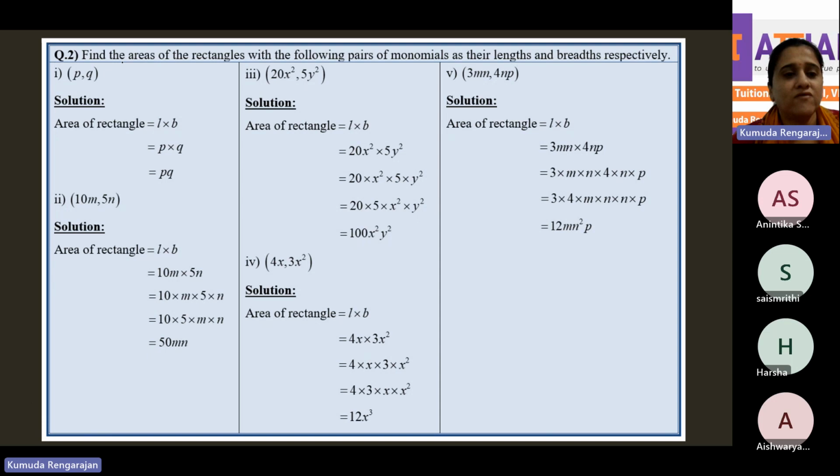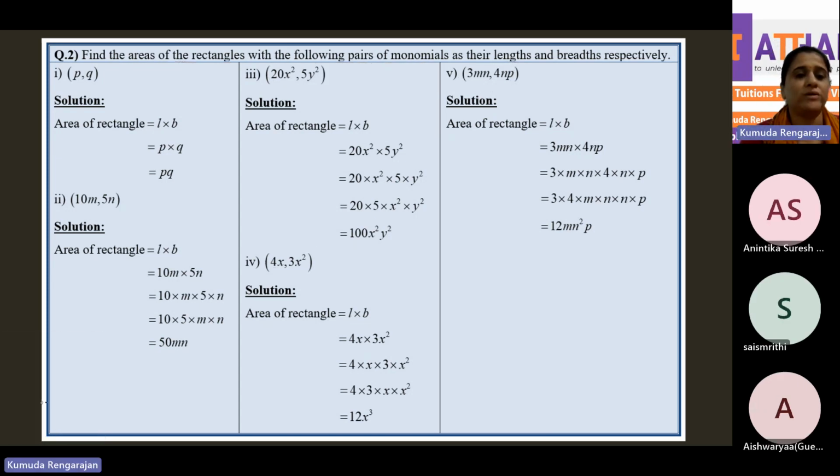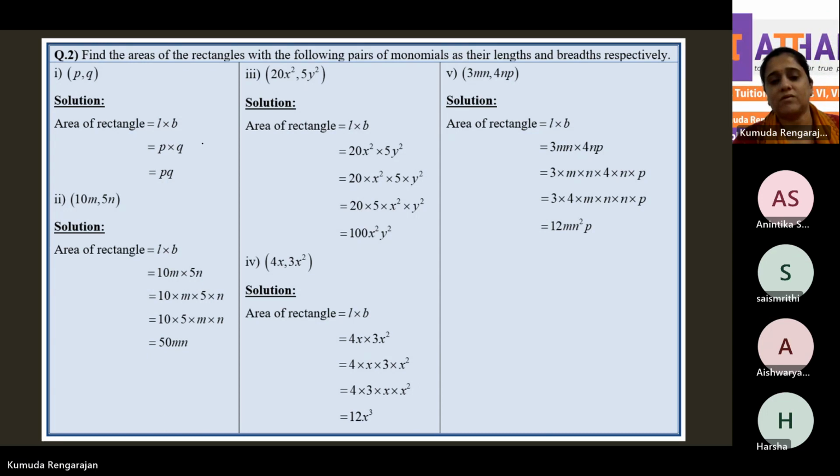See, that's the heading. So this is a pair of monomials, meaning 2 monomials, wherein the first one is the length, the second one is the breadth. Find the area. So L into B is area.